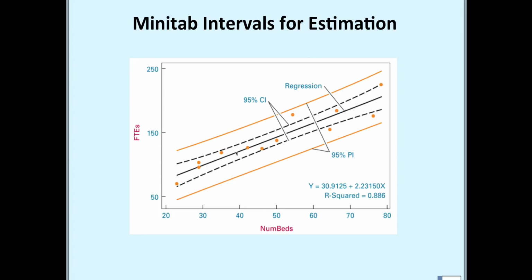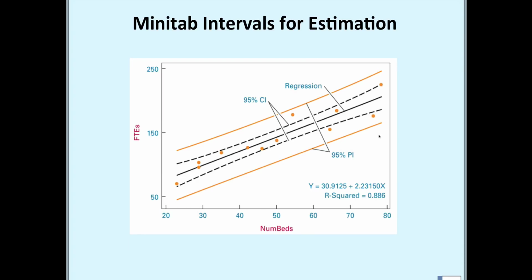In another context, that is when you want to predict number of full-time employees versus number of beds. Again, you see the same thing. The mean of our observations is around 50 something. That produces the smallest confidence interval for mean.